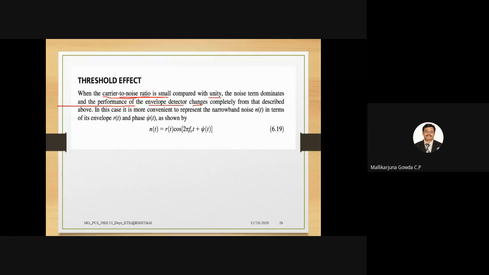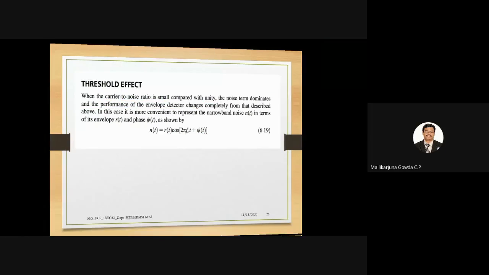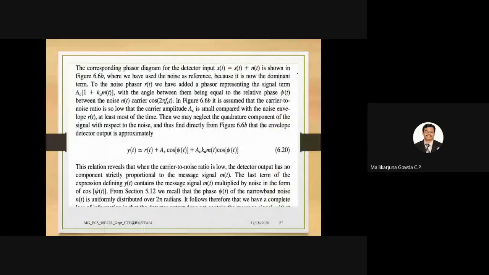We can express this narrowband noise in terms of its envelope and phase. So n of t equals r of t cosine of 2 pi fc t plus psi of t, where r of t is the envelope and psi of t is the phase. We can write r of t as the square root of the in-phase component squared plus the quadrature component squared, and psi of t is the tan inverse of the quadrature component over the in-phase component.